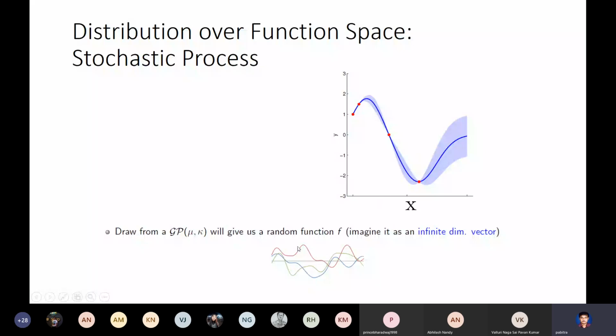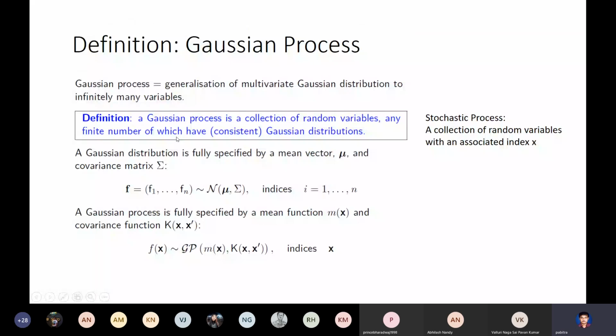Whatever subset of the indices you take, each of these random vectors would themselves be Gaussians.